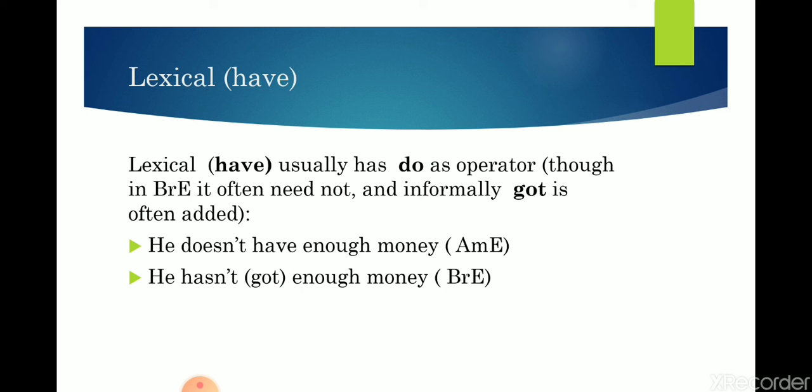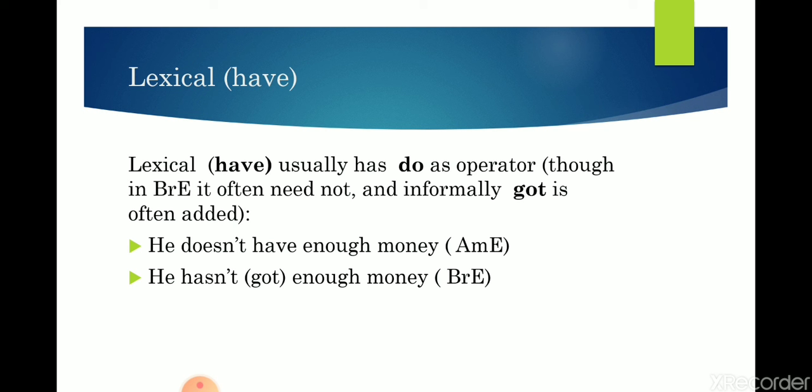However, in British English, we don't need that. So we can use the lexical have as the operator within the sentence, although it is the main verb. Especially by adding the verb got after that, as we see here in the following examples.